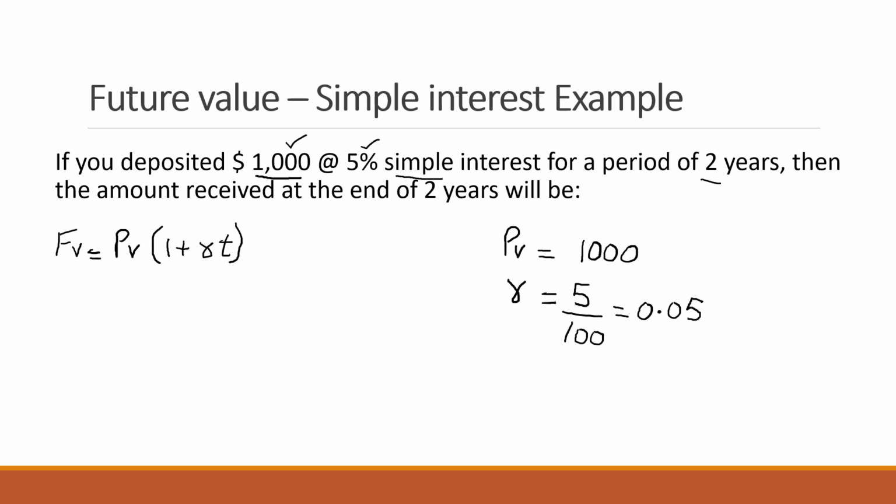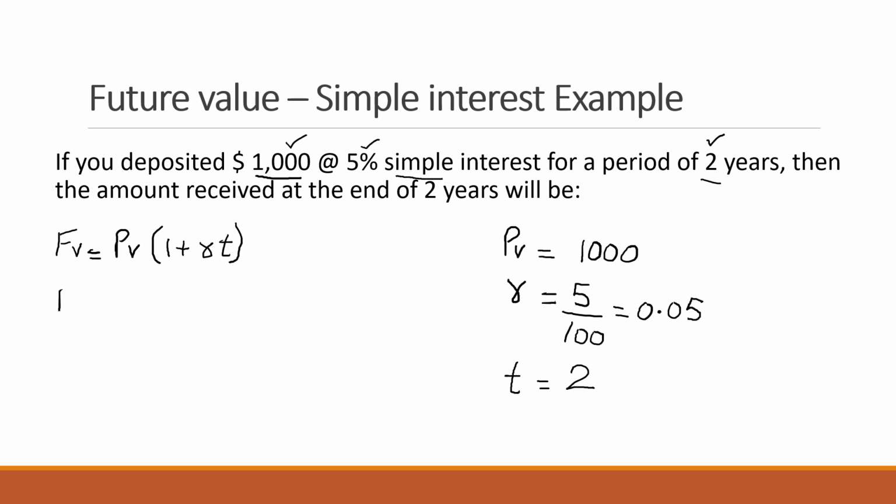Whatever the solution, we should write the values of P, R and T first, and then replace them in the formula. T is also given. What is T? T is the time for which I am keeping the deposit. Here it is 2. So we have written present value 1000, rate of interest 0.05 and time 2 years. Now we write it in the formula.